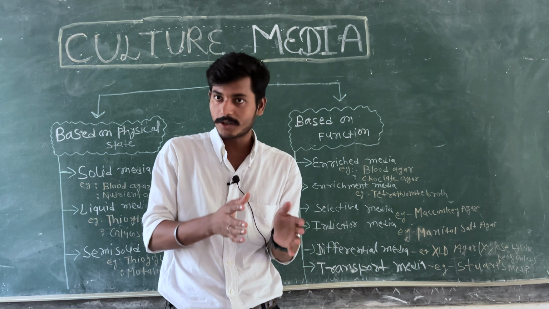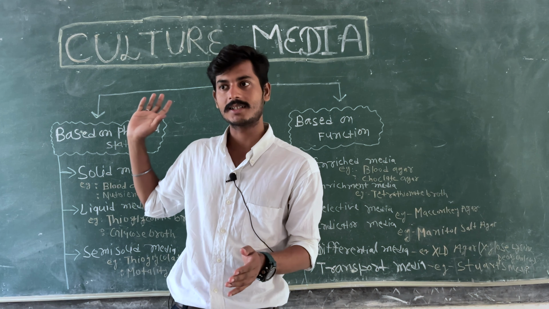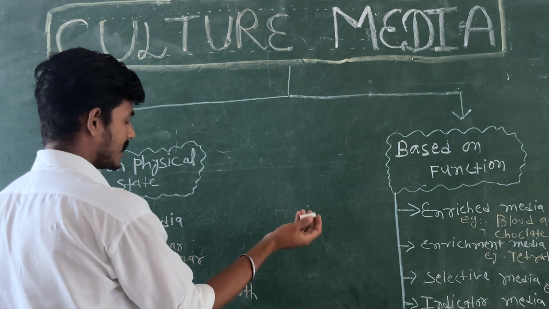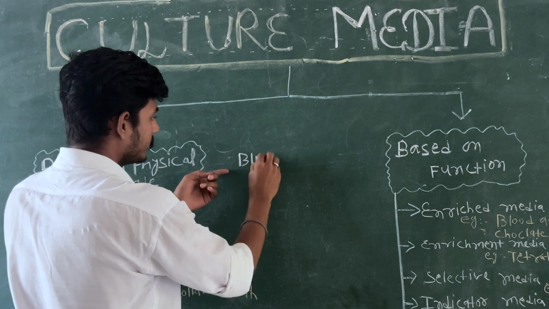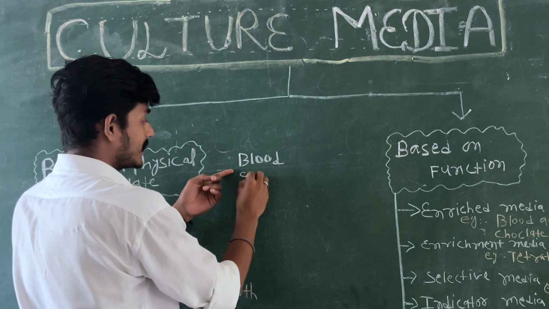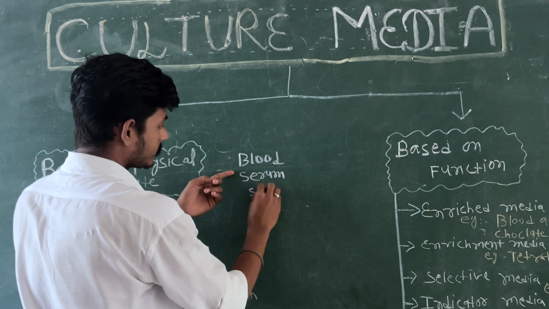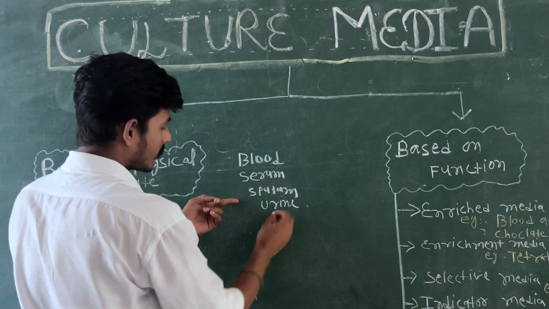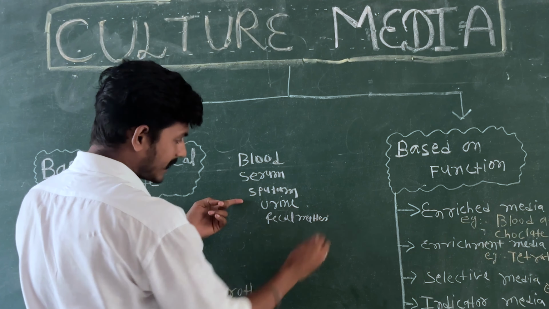For that growing purpose, we have to choose the culture media. Basically, we will take the sample from human blood, or the serum, the sputum, urine, fecal matter, also called the feces.